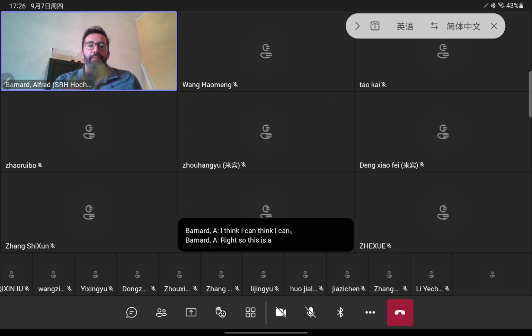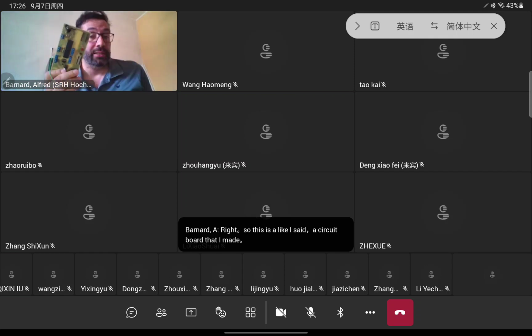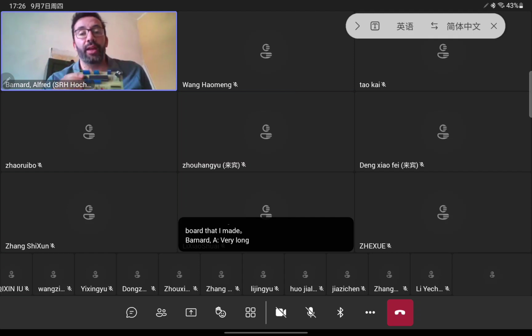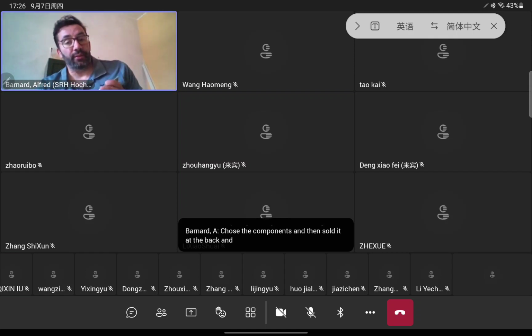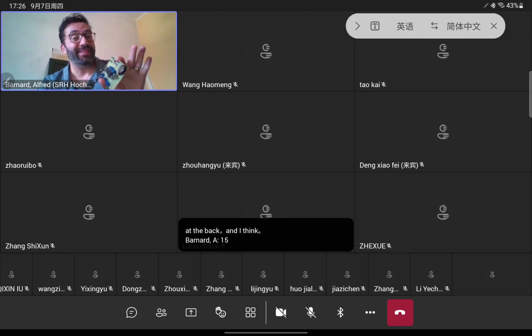Right, so this is, like I said, a circuit board that I made a very long time ago, which I designed, chose the components, and then soldered at the back. And I think 15 years on, it still works.